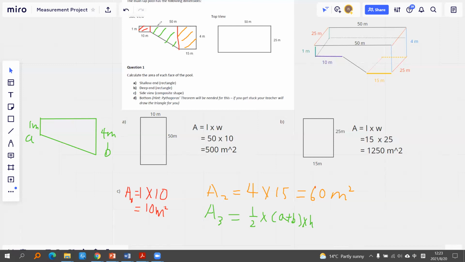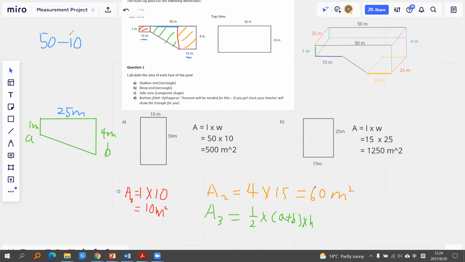This bit, I just use a different color, this is our height. 50 is the longest side, it's the whole thing, minus this one here, and also minus 15.